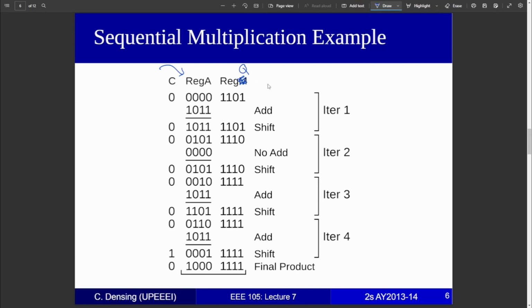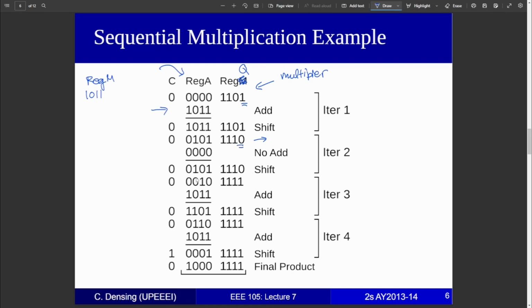Basically, you have register Q to contain the multiplier, and then you have a separate register M to contain the multiplicand, which you only use to actually put in the adds, whether or not you need to add. So what you do is you look at the least significant bit of register Q. If it's 1, then you add. And then after you add, you shift it once to the right.